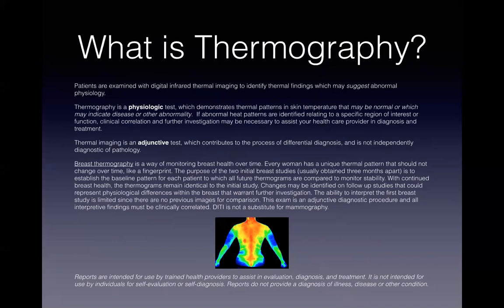These patterns of activity can vary in intensity and distribution over each area of the body, and that's represented by images with variation in colors. In looking at variations in skin temperature, we can see asymmetric, abnormal, or suspicious thermal patterns. These patterns may be recognized then by the interpreter as abnormal physiology or function, or they may not.